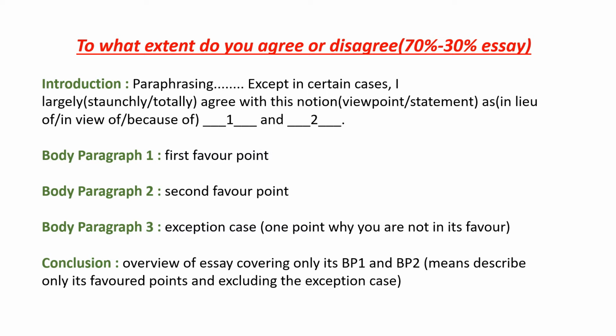And last, in the conclusion, you have to give the overview by covering only its body paragraph 1 and body paragraph 2. You will not include the body paragraph 3 in the conclusion. So this is the way to frame the to what extent do you agree disagree essay.